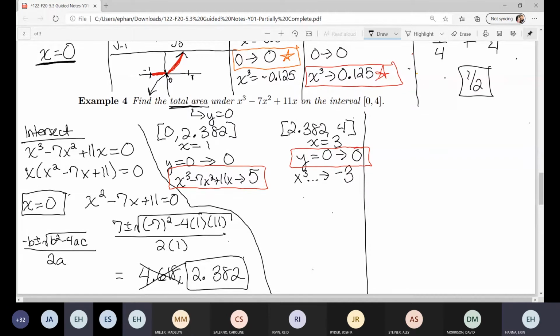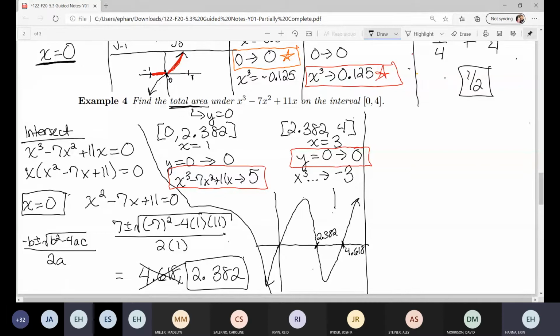If we were to do this graphically, our graph kind of looks like this, not really to scale, where this is the 2.382 and this over here is the 4.618.